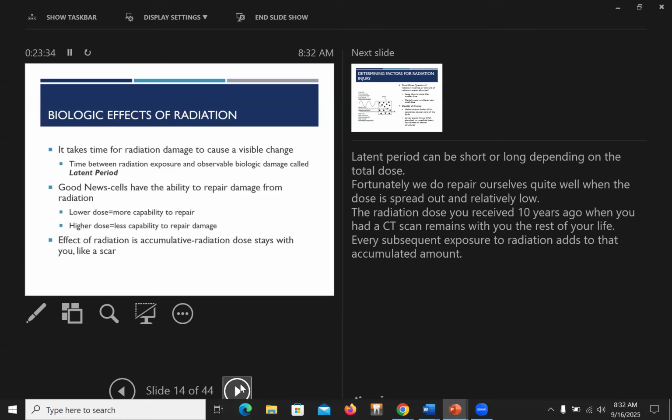The good news is cells have the ability to repair damage from radiation. So for a dental X-ray, any cellular damage that takes place is not going to be noticeable to anybody. It's going to happen on such a small cellular level that it's not affecting any main body system function.